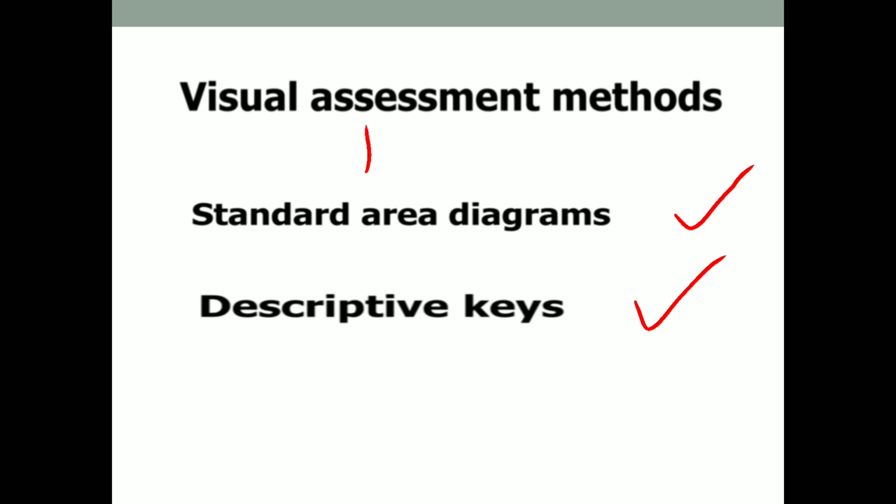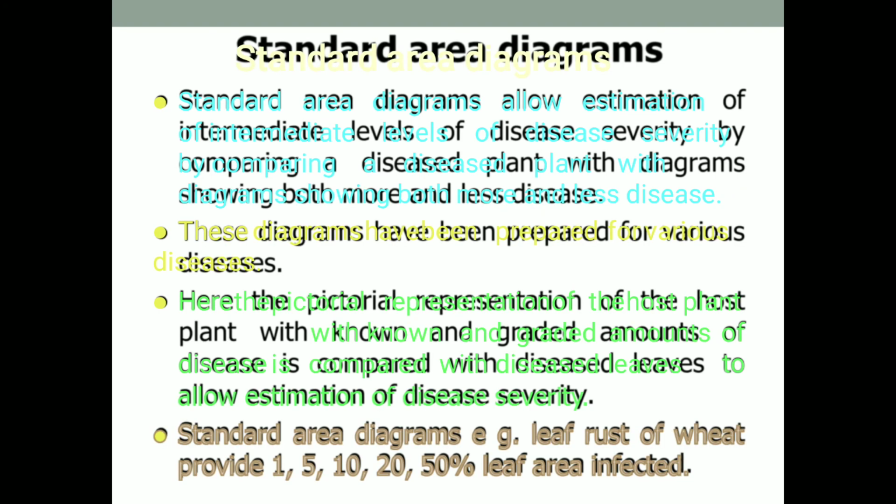So the standard area diagram represents the different percentage of disease severity levels, or provides information about how much plant part is affected or how much disease has occurred on a particular leaf.